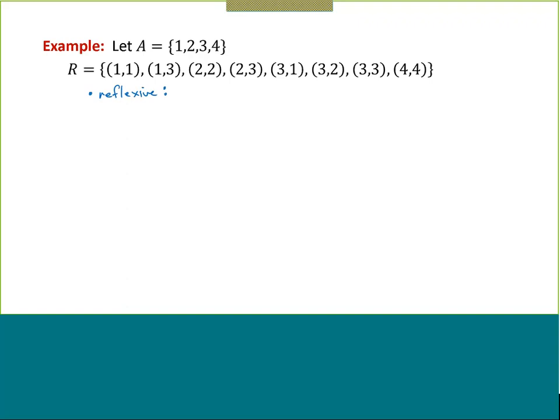Yep. So it turns out that, yep, this guy is reflexive. How do you know? You've got the ordered pairs 1,1, 2,2, 3,3, and 4,4. And notice you have to make sure you have the ordered pairs for each of your building set's elements. So here our building set's elements were 1, 2, 3, and 4. So we had to have these four ordered pairs of 1,1, 2,2, 3,3, and 4,4.